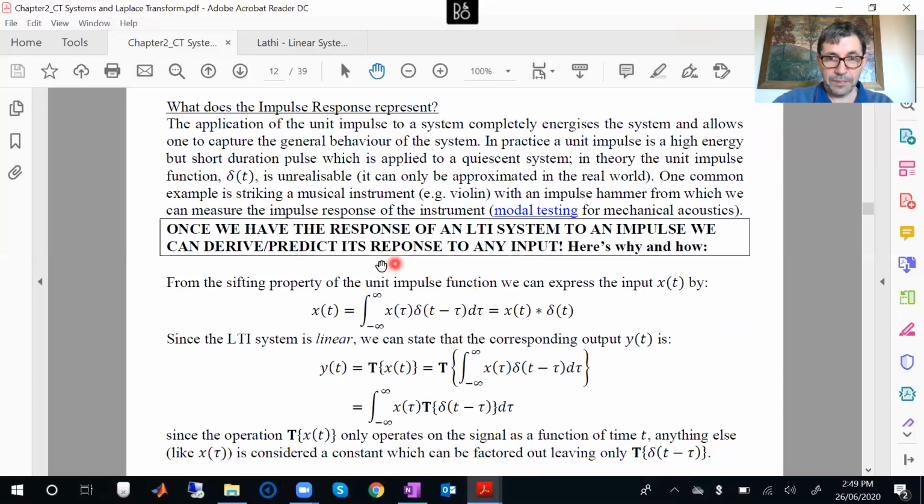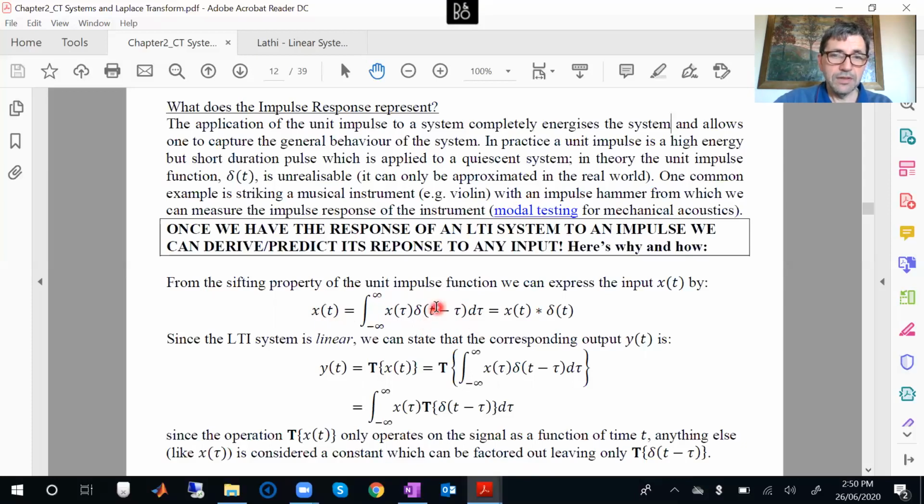So we have an input, and if you remember from the shifting property, this is what you see. The convolution of the input with the unit impulse is equal to the input itself. So you notice the first use of the convolution integral.